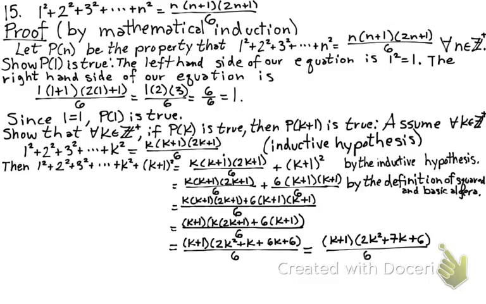Now, we know that we've got 2k squared plus 7k plus 6, and we are pretty sure that that should equal our k plus 2 times 2 times k plus 1 plus 1. These should be equivalent. But we need to make certain that's the case.